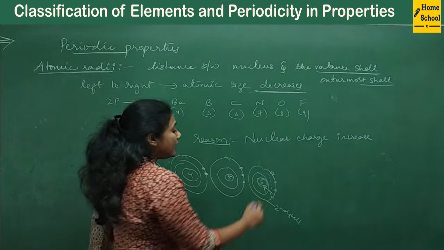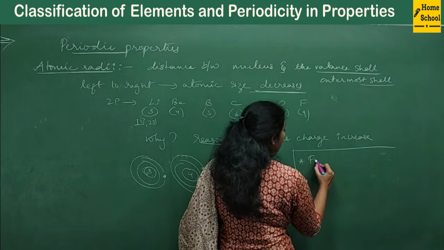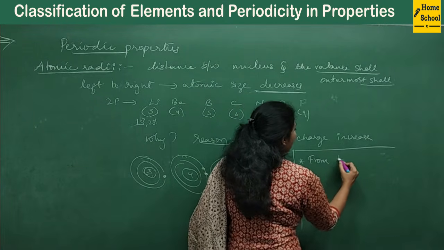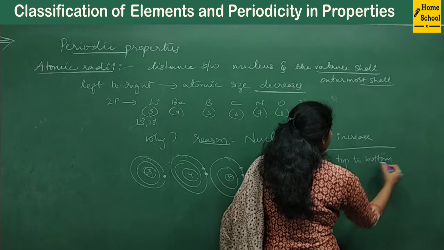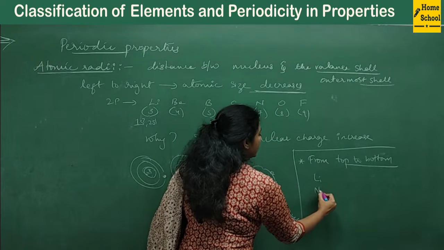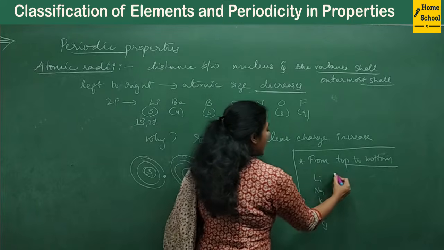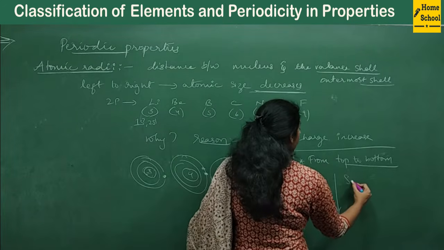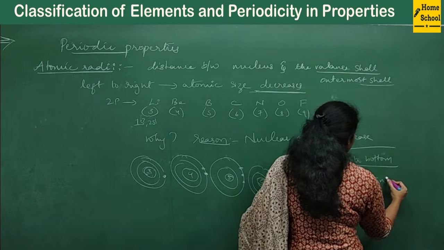Fine. And the next point, from top to bottom, what will happen? From top to bottom in a periodic table, let me take the first group: lithium, sodium, potassium, rubidium, cesium. So what will happen here is the size will increase. Atomic size increases.